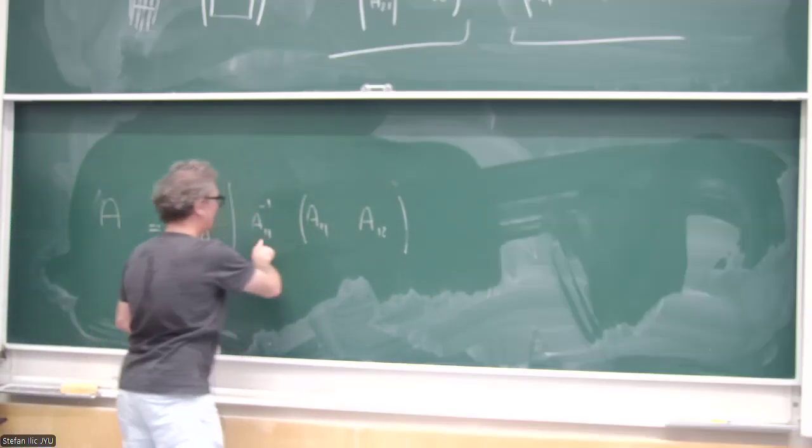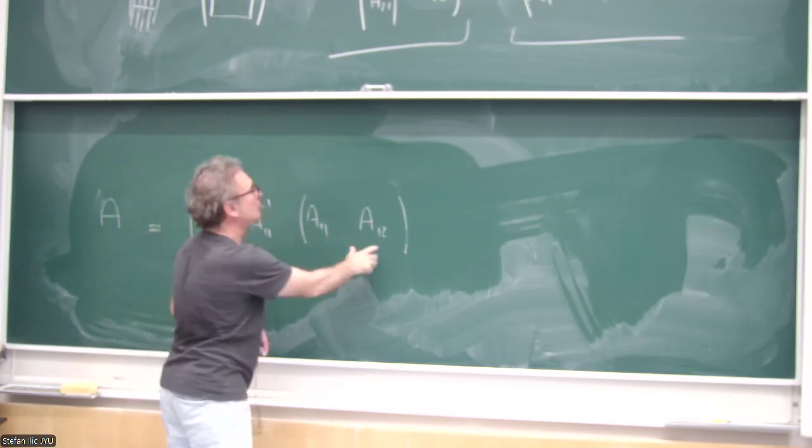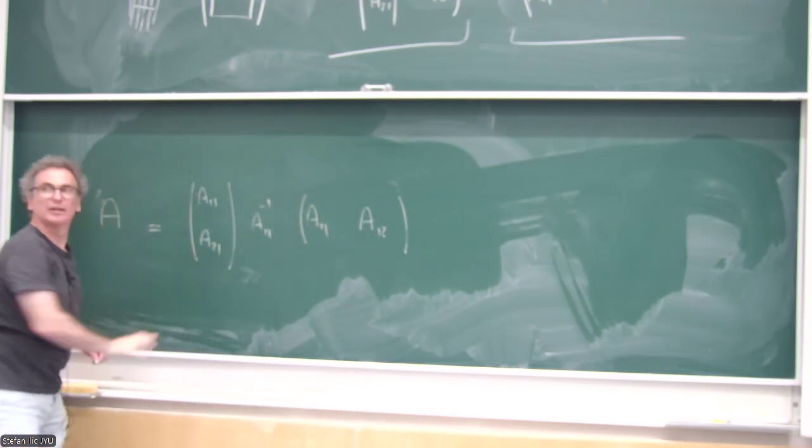So if I multiply A11 inverse by A11, I get the identity. And here I get this A12. So this is my C. This is my B.